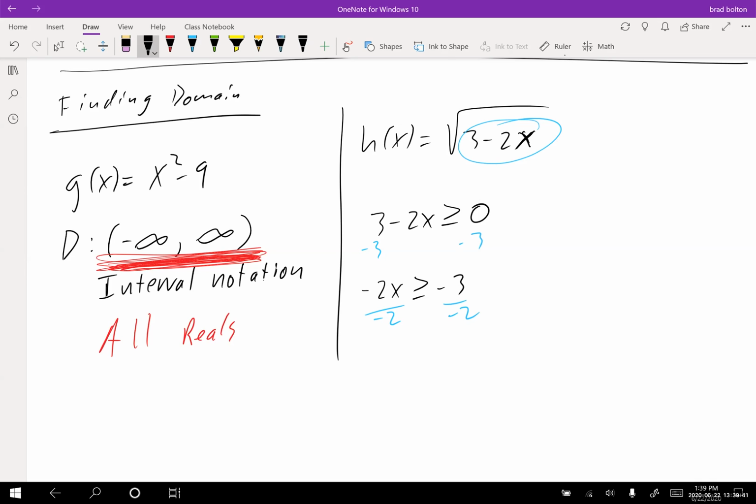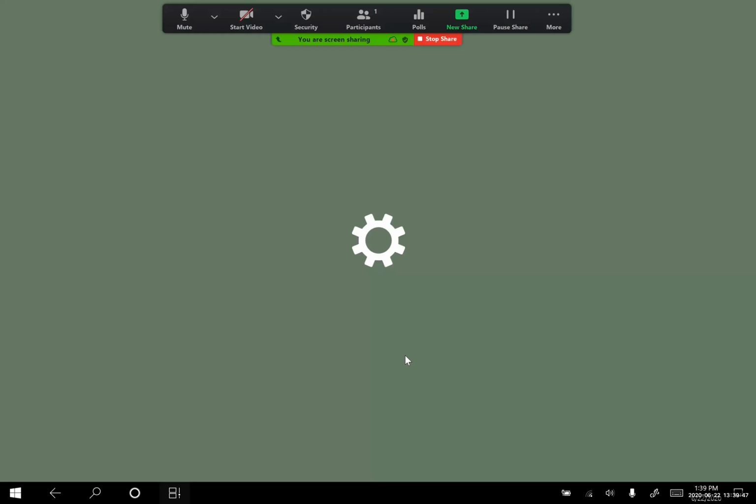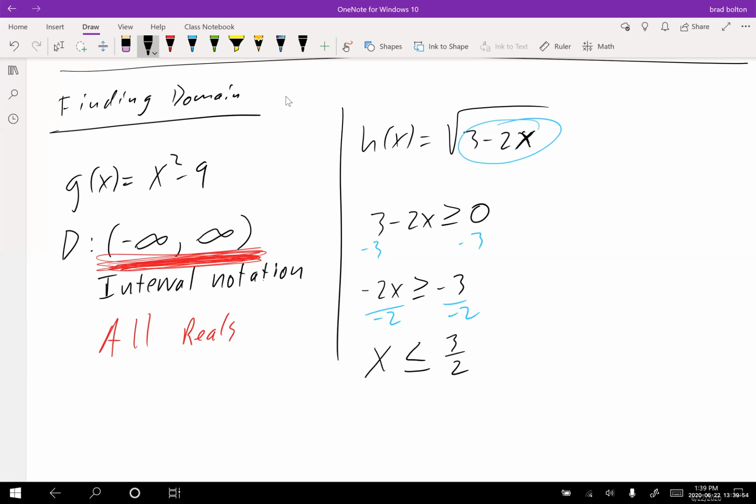And then hopefully you guys remember that whenever you divide or multiply across an inequality by a negative, you switch the direction. So because I divided by a negative 2, the direction of my inequality goes from greater than to less than.